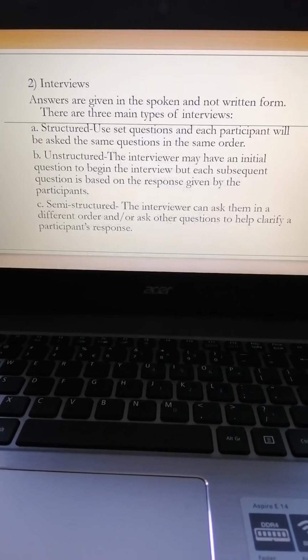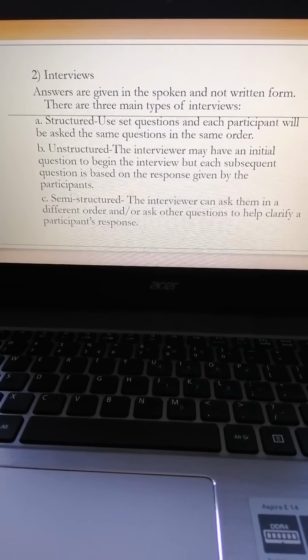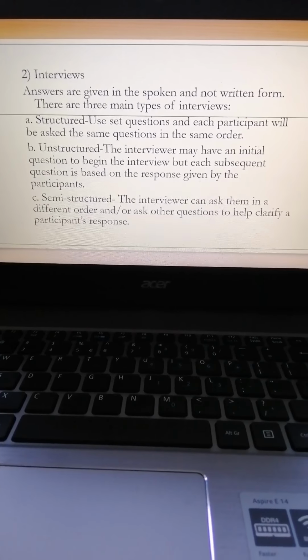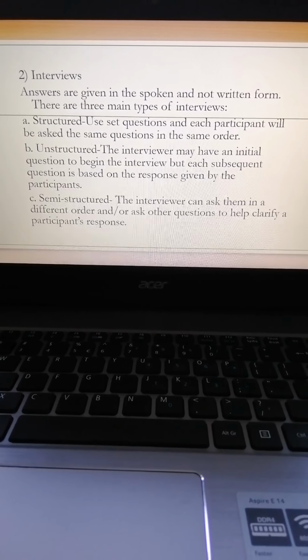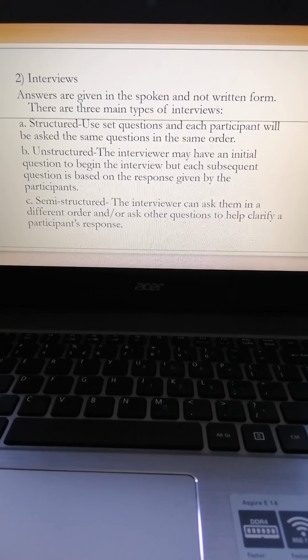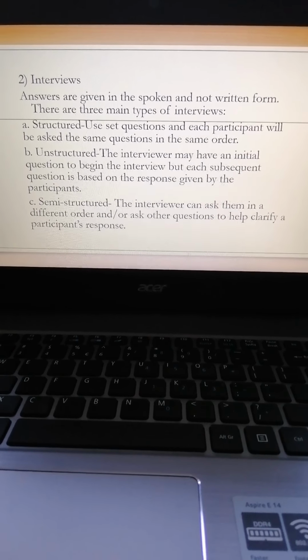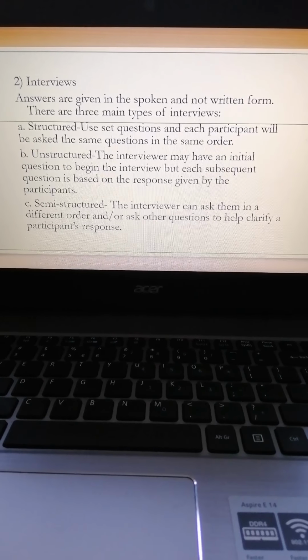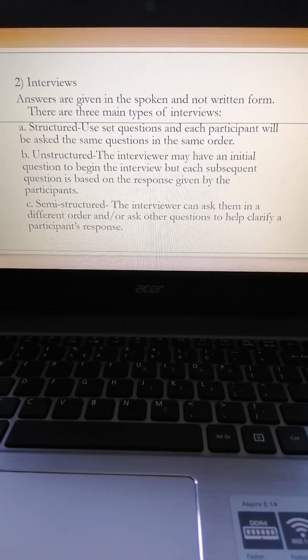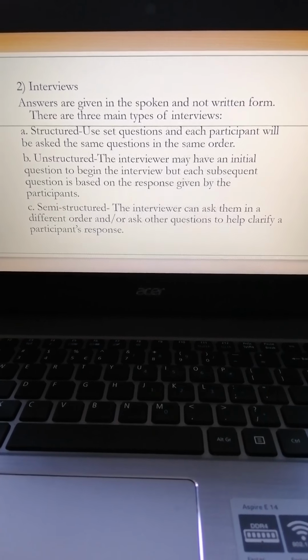Some of them will get question number 3 first, in random order. It does not have to be fixed. And as an interviewer or as a researcher, it's up to me to ask questions if, let's say, I'm not clear on certain responses or answers given by the participants.